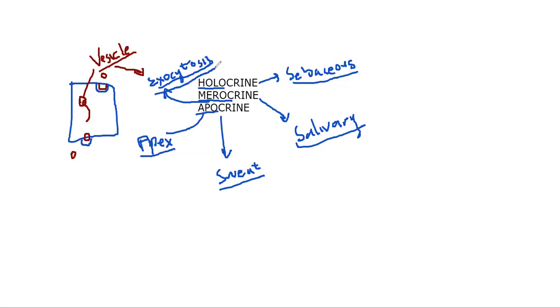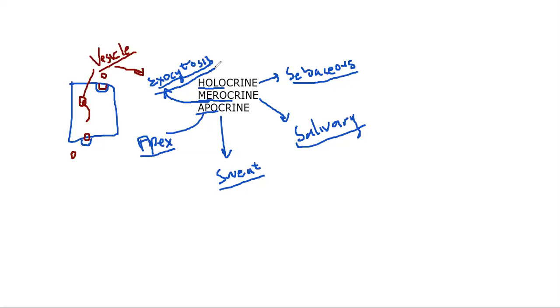No vesicle, no exocytosis or endocytosis. Are we clear? Yes. And then a cell can also release its contents using what? Apocrine, right? That is where only the apex, the piece of a cell, bursts to release its contents.